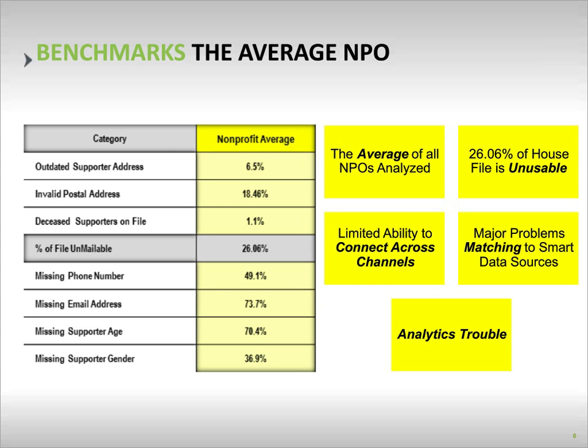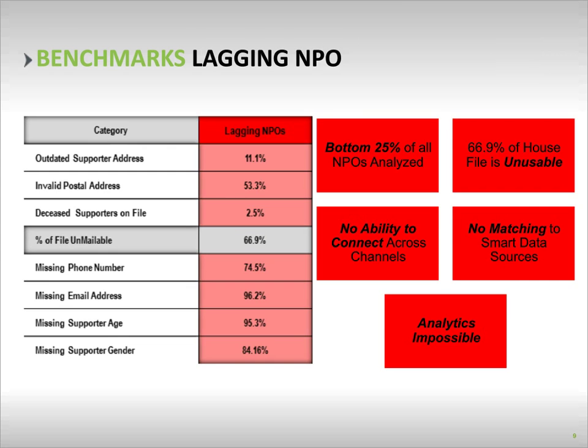The final group is the lagging nonprofits. So this is the group that are probably not doing a tremendous amount of mailing because their data is just not at a point where they can do it. If they were to send out a piece of mail to 100 individuals, 67 of those would not receive that piece of mail.